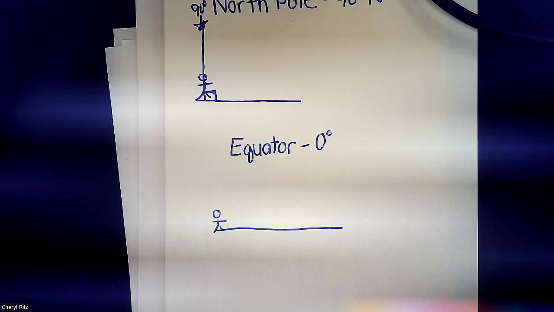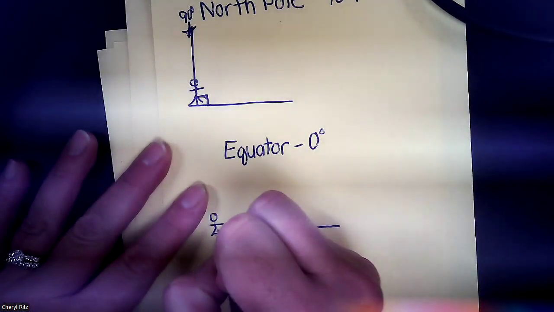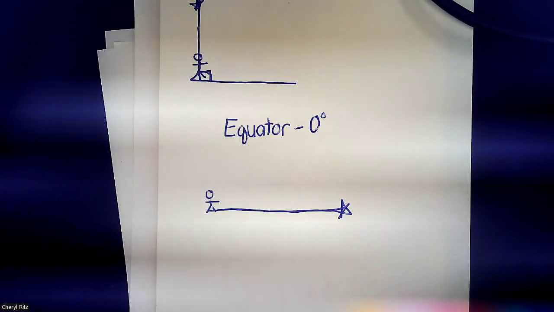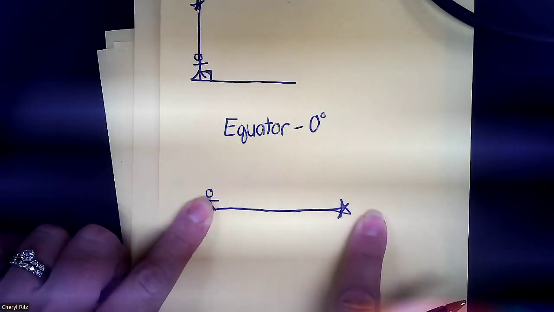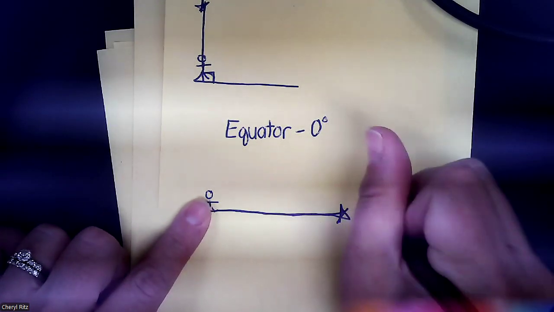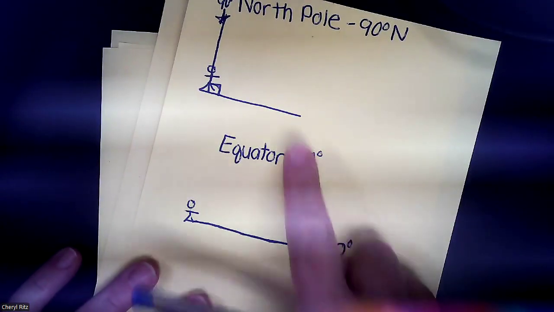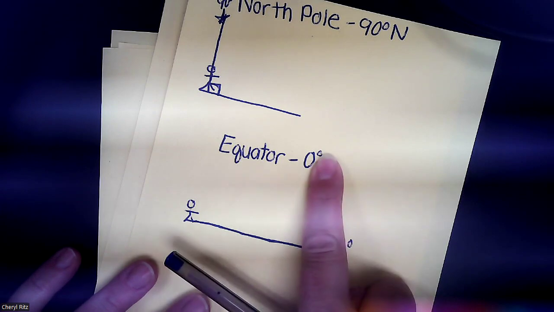So right along the earth means he's looking right along the ground, and here's the North Star. What angle is that for someone here looking this way? That's a 0 degree angle. Again, notice the coincidence. If you're at 0 degrees, you look 0 degrees out.